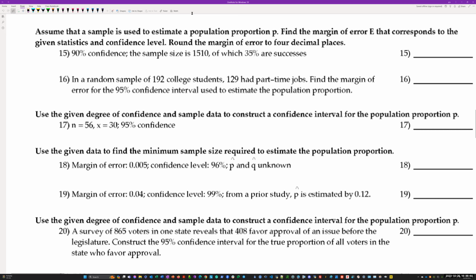P hat's not the answer. So what's the answer? Well, you tell me. You're supposed to be able to figure it out. And this is not supposed to be the hard part.